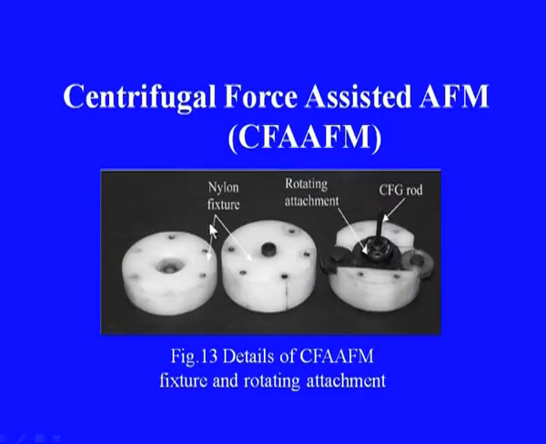So, this is a fixture or tooling arrangement with the gear etc., and the CFG rod, centrifugal force generating rod. This rod will be kept on rotating with this gear arrangement at different speeds during the process.